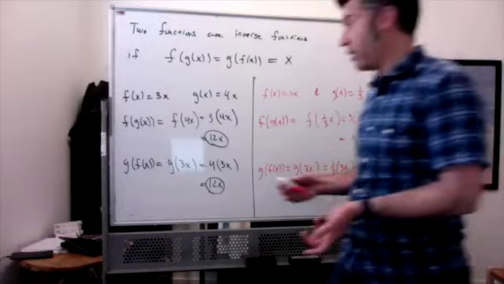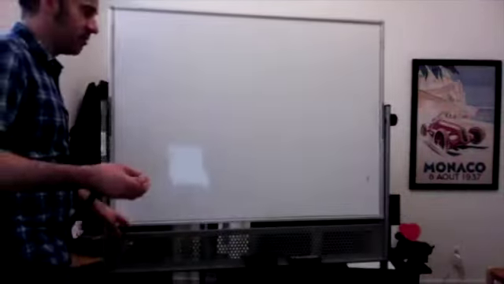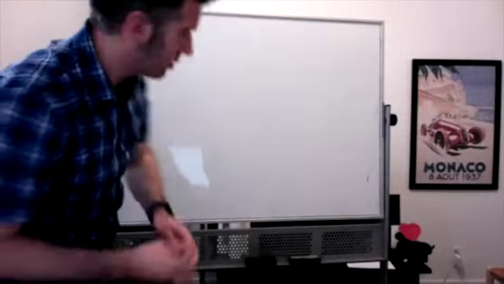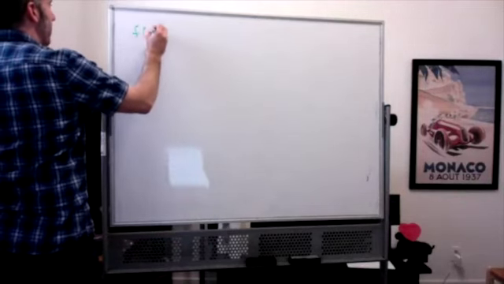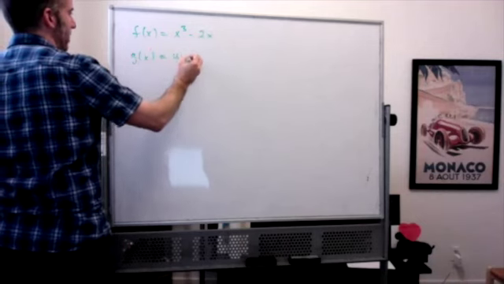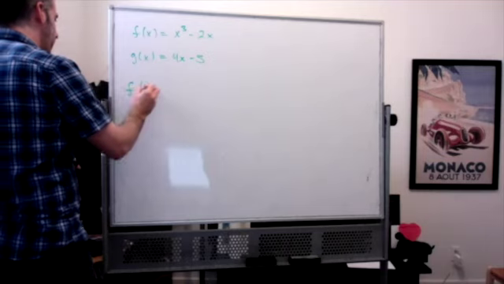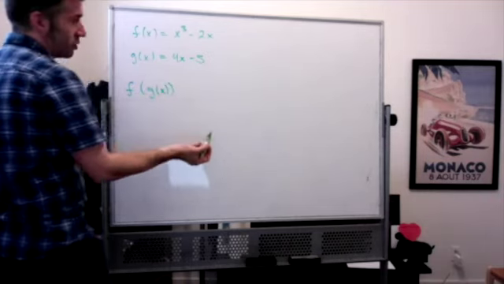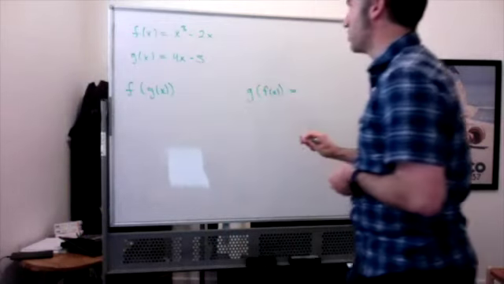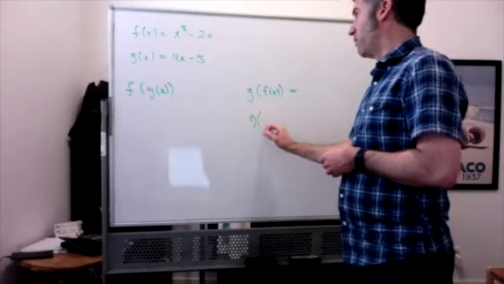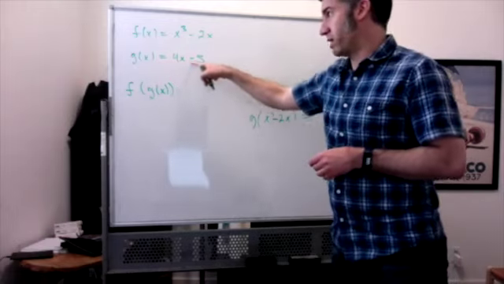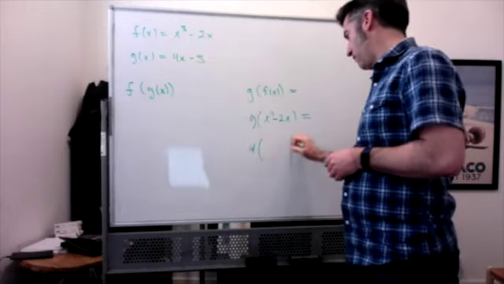Okay. And the way we know that, from that previous example, I'll remind you, we had f of x was x cubed minus 2x, and g of x was 4x minus 5. When we did f of g of x, or g of f of x, let's do g of f of x, it's a little easier. We got g of x cubed minus 2x, which, since g of x is 4x minus 5, so g of stuff is 4 times your stuff minus 5.